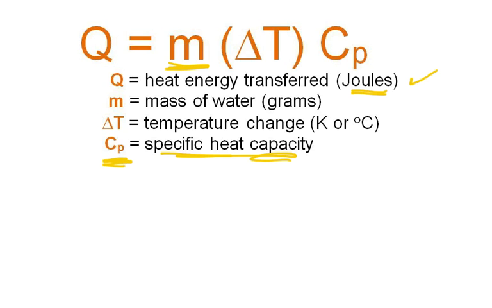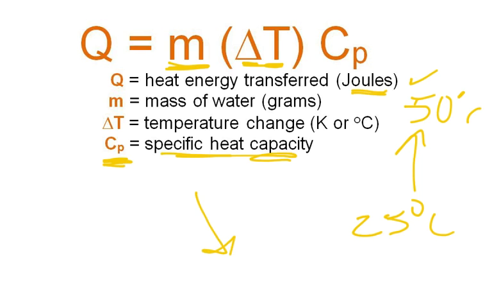Delta T, delta just means change, and this is change in temperature. If we were going from 25 degrees and we heated something up to 50 degrees, then the delta T would be 25 degrees, 50 minus 25. If we were cooling down, say going from 30 degrees down to 10 degrees Celsius, then we have negative 20 degrees for our delta T, because it's always the final minus the initial.